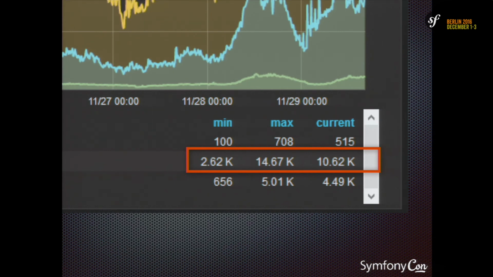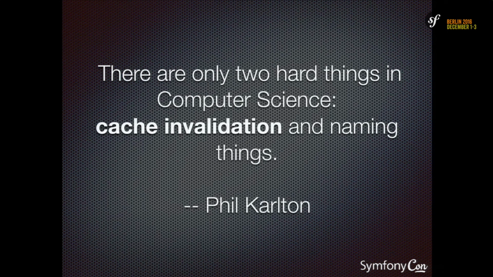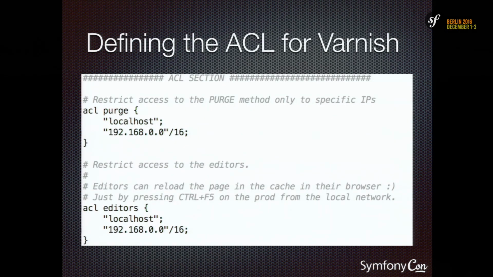But there is one small thing. Cache invalidation is one of the hardest things in computer science. In order to cache this content, we need somehow to invalidate it. And to invalidate your content, you need to define some restrictions.